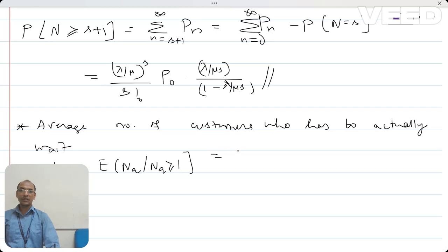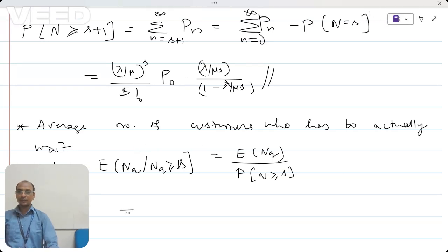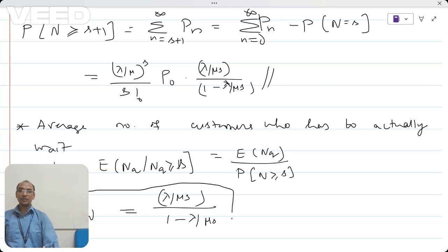And so this is equivalent to E of NQ divided by probability of N greater than or equal to S. And so that is equal to lambda by mu S divided by 1 minus lambda by mu S. This is your average number of customers who actually have to wait.